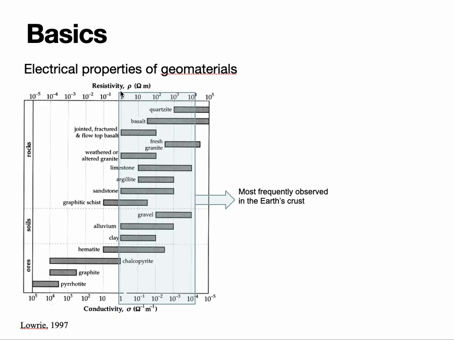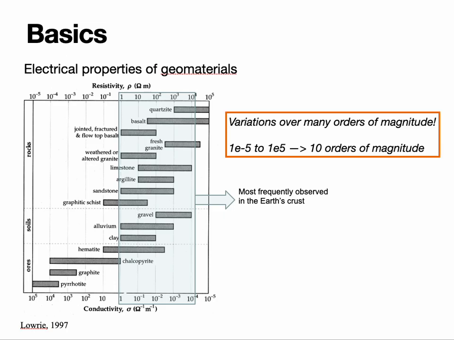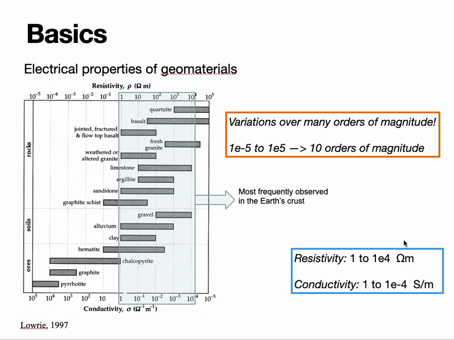You can notice the value of resistivity is from 1 to 10 to the power 4. So that's the range of values. It varies over many orders of magnitude. From here to there, it's 10 orders of magnitude. And for the material which is mostly observed in the crust, it's basically 4 orders of magnitude. So that's a very wide range of values.